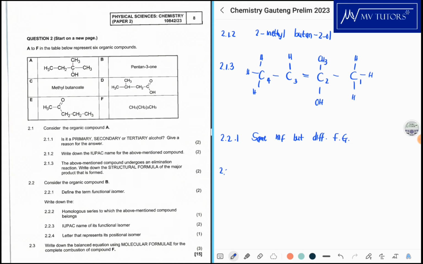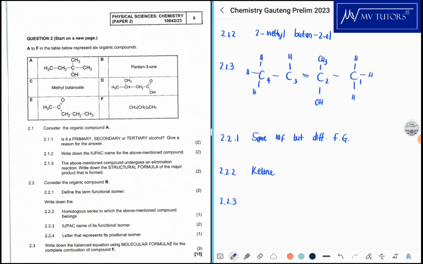Then 2.2.2: write down the homologous series to which the above-mentioned compound belongs. All right, so this is definitely a ketone. And 2.2.3: write down the IUPAC name of its functional isomer.